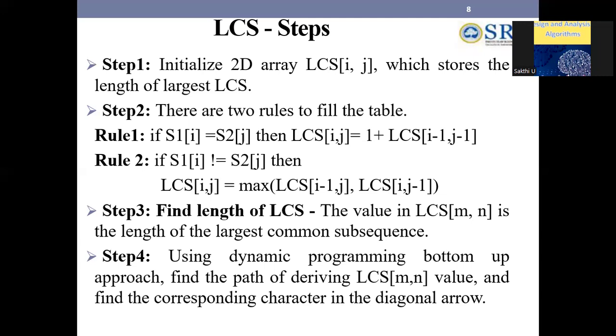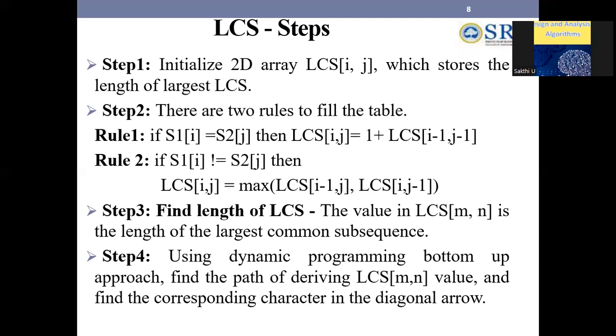Now, in this path, take only the diagonal arrows. We get a diagonal arrow when two characters in the strings are equal. Those characters are added from right to left because we are deriving the answer from bottom to top. Then the result is the common subsequence.